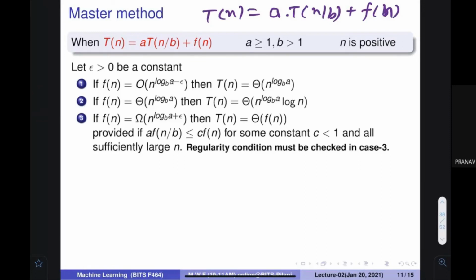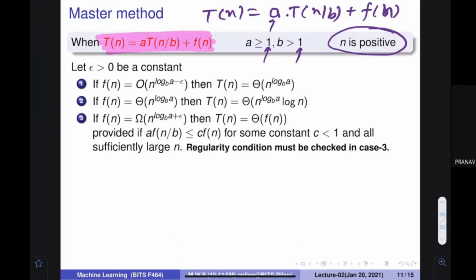We assume that a is greater than or equal to 1, and b is greater than 1, so that it is dividing something. Otherwise, if b is equal to 1, then it is not dividing anything. And n is always positive, we always assume.